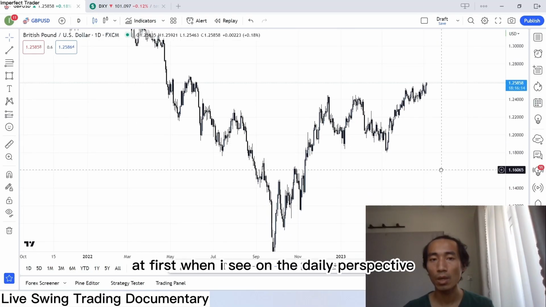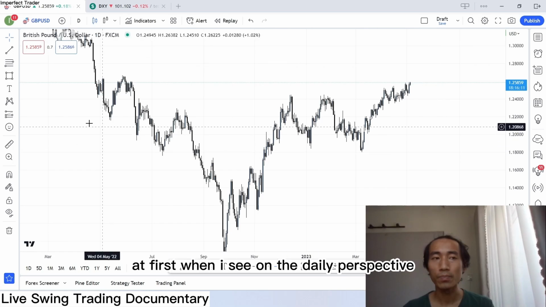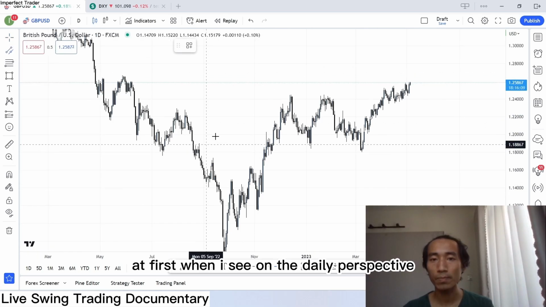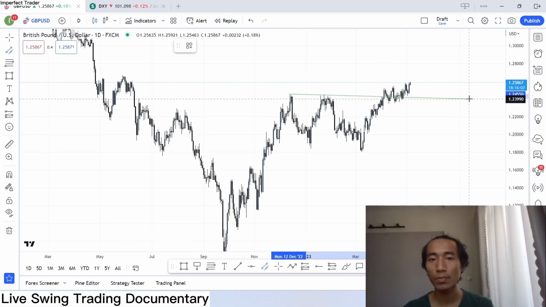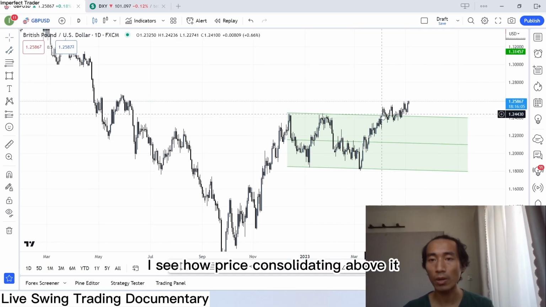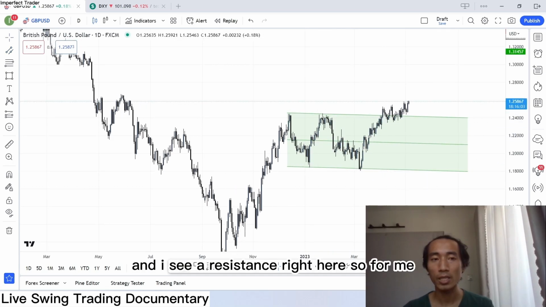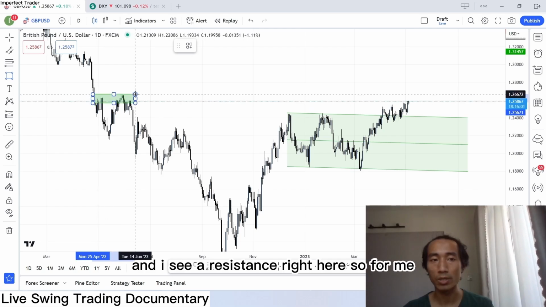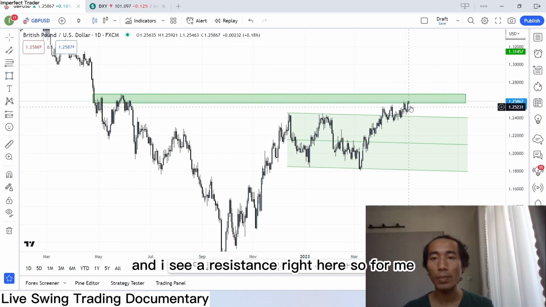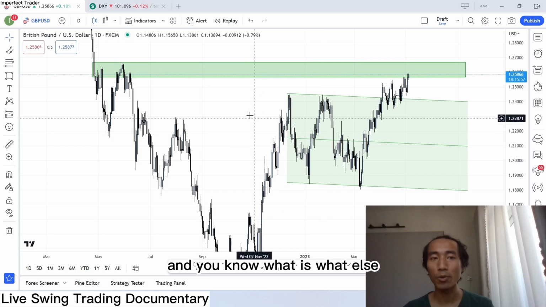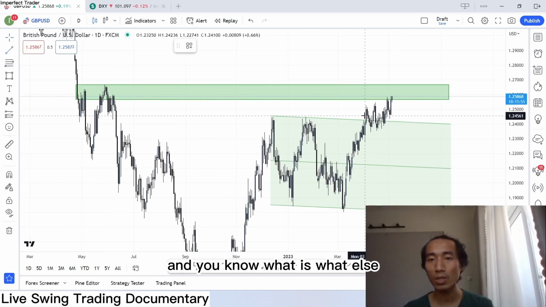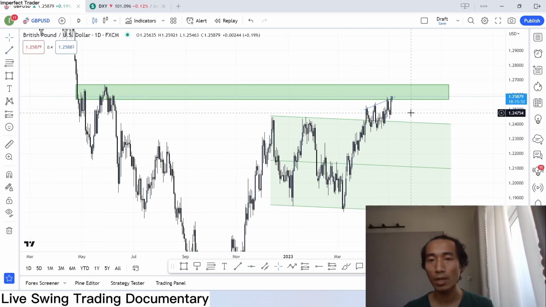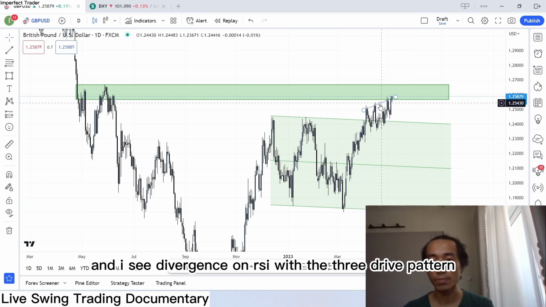At first, on the daily perspective, I see this trend line. I see how price is consolidating above it, and I see a resistance right here. And you know what else? I see the three-drive pattern, and I see divergence on RSI with the three-drive pattern.